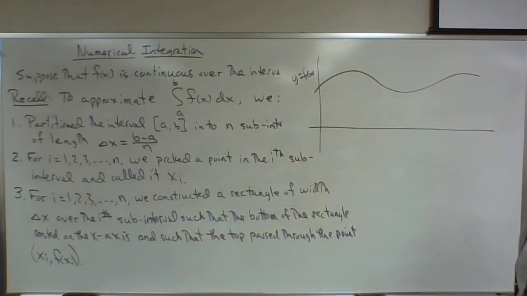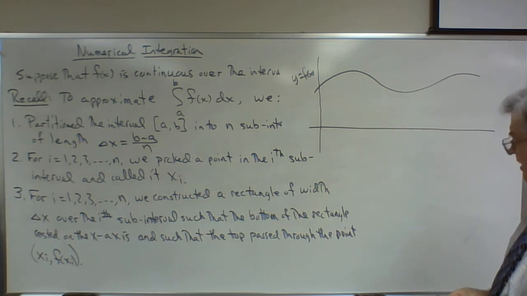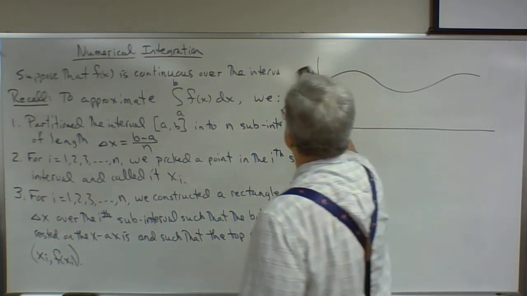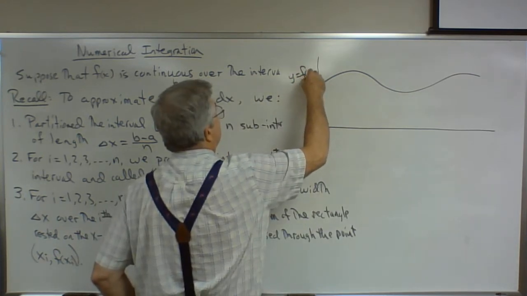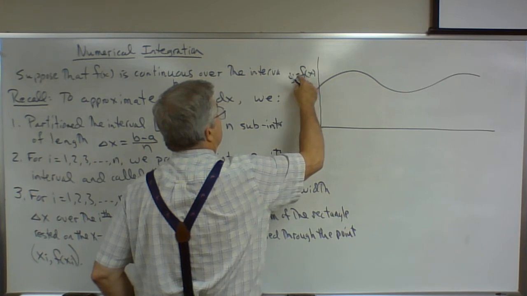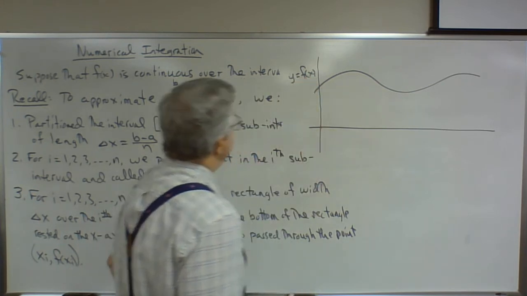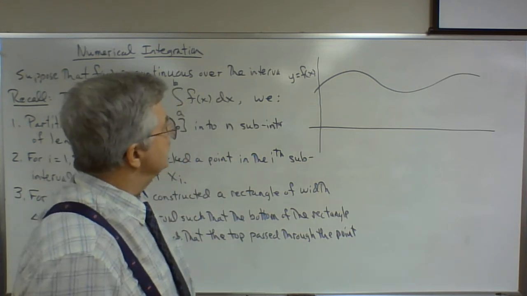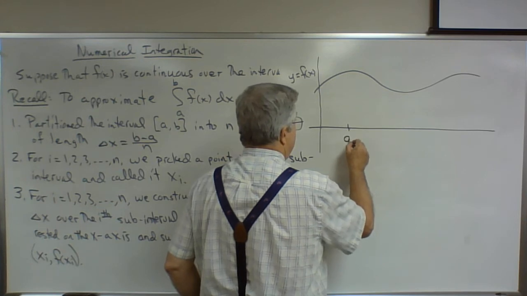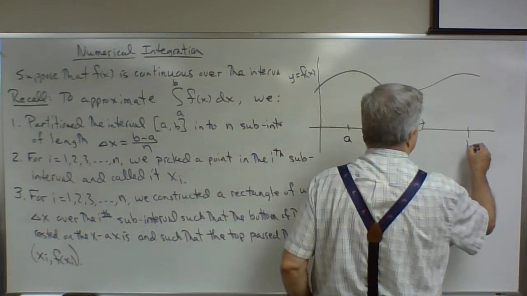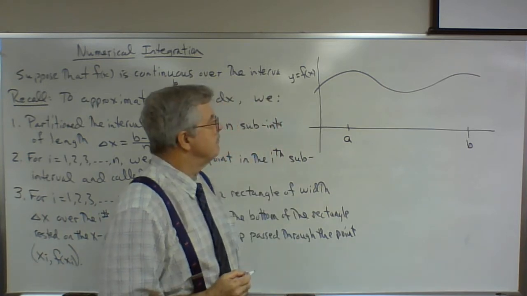We have a continuous function, f of x. That doesn't look like f of x, does it? Oh well. And we want to compute the integral of f of x from a to b on the x-axis.